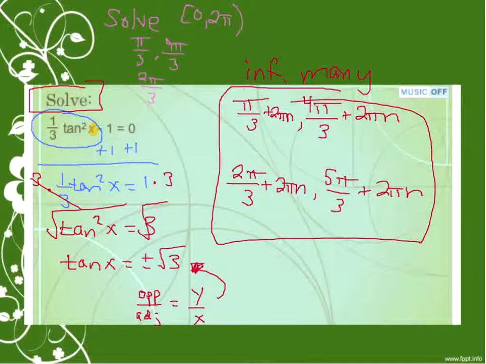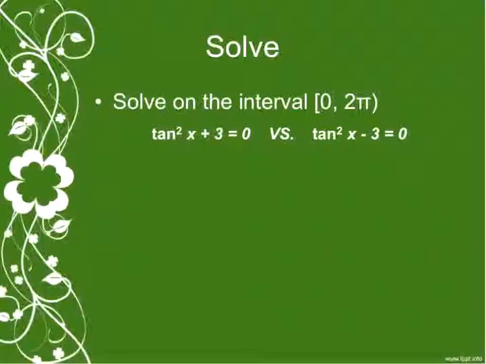Those original 4 reference points. Can I get a smiley face if you see the difference? So if I give you an interval, you're going to have a set number of solutions. If I do not give you an interval, you're going to have infinitely many solutions. Hint, hint, that just might be part of our essential question today.